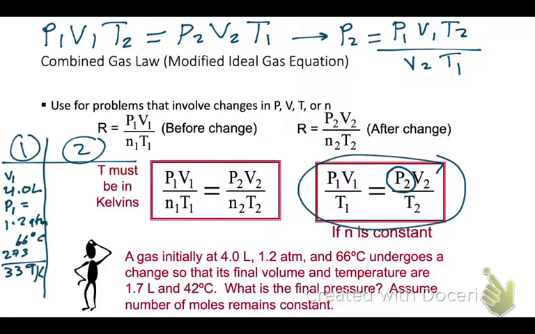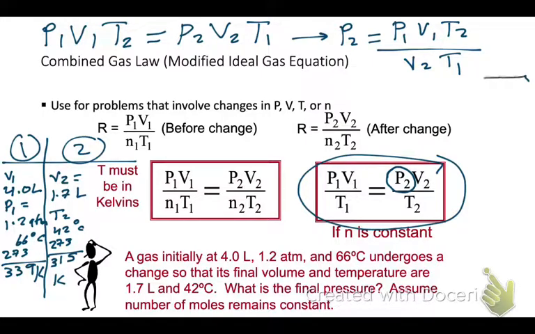At 2, what do you have? You have V2 at 1.7 liters, and then T2 at 42 degrees Celsius, immediately add 273, so this is 315 Kelvin. Now put all these numbers together.